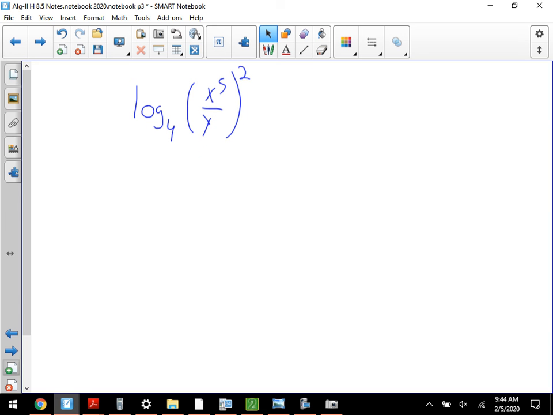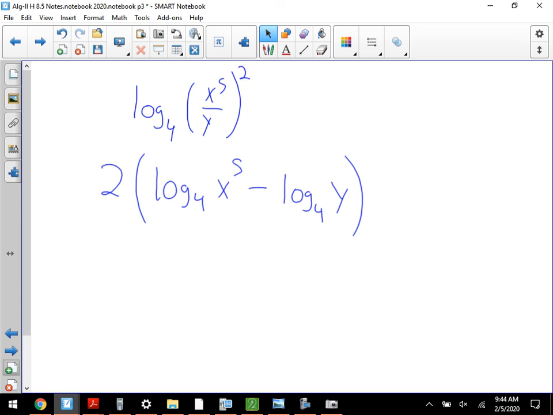The fractional piece right now is all raised to the 2nd power, which means when I write this out, my first log has to have parentheses, because the 2 applies to both pieces. So I'd have a 2 times parentheses, log base 4 of x to the 5th minus log base 4 of y. And then when I see this, what can I rearrange one more time?